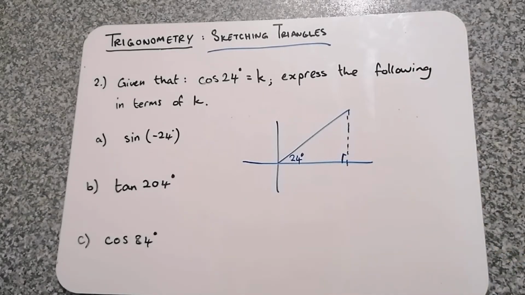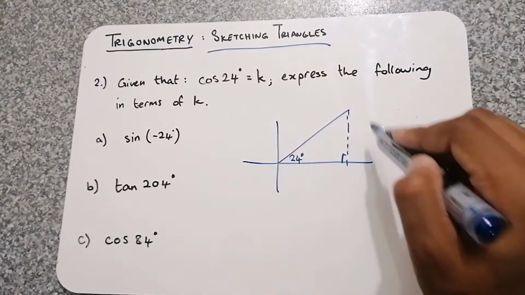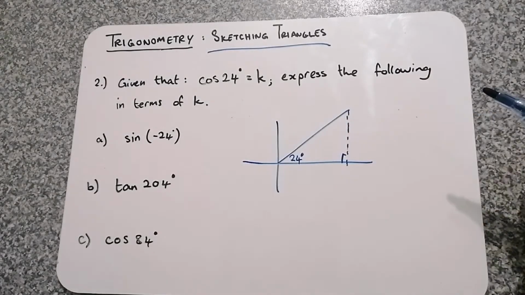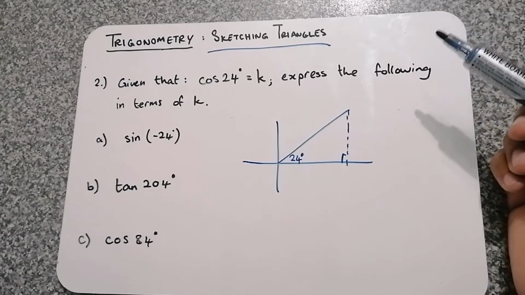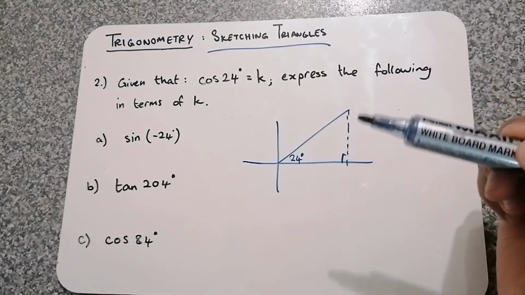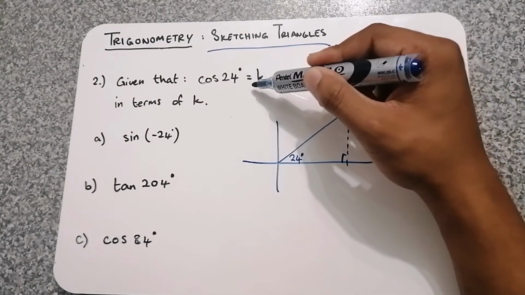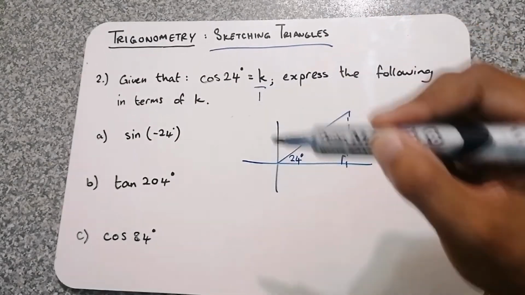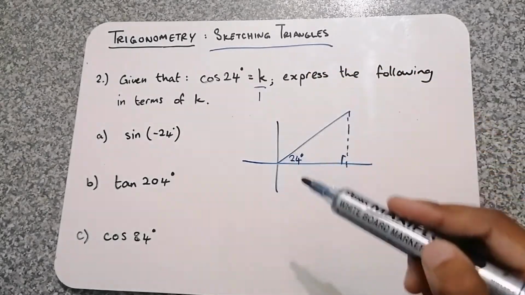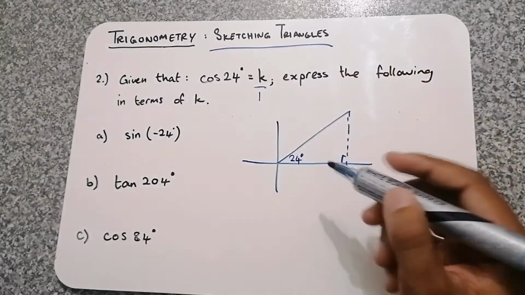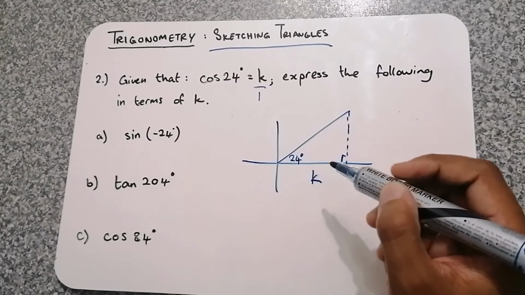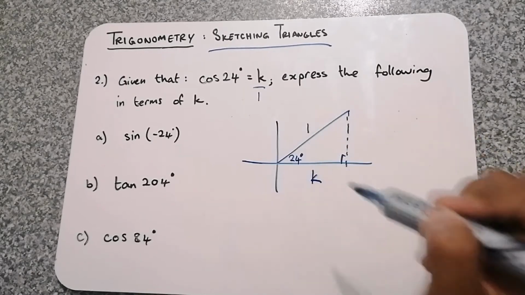Okay, so we're going to use this piece of information to fill in the values on our triangle. Now, the ratio for cos is adjacent over hypotenuse. So if we break this up as a fraction, like k over 1, k would be our adjacent value, and 1 would be our hypotenuse value.